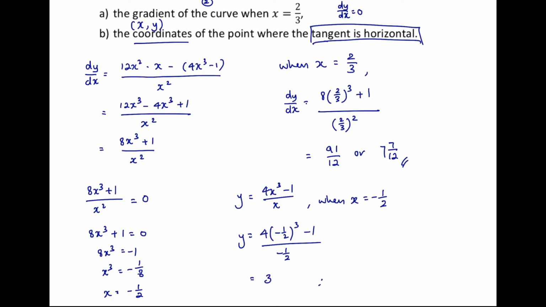So hence, therefore, my coordinates is, in this case there's only one answer, so it's negative half and 3. Okay, so this will be my answer for B.